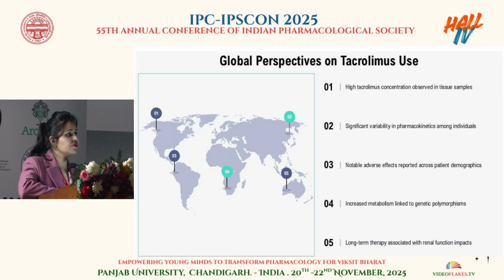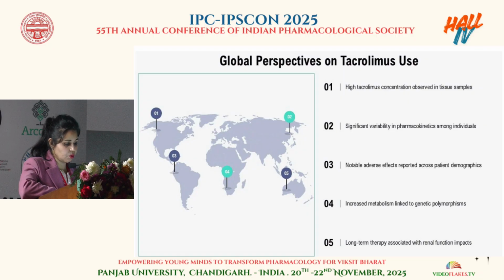First, many transplant registries in the USA, Europe, Japan, and Asia showed that 30 to 50% of patients had dose-dependent nephrotoxicity with tacrolimus. Second is the variation in the pharmacokinetics of this drug. So there are these two challenges with tacrolimus.